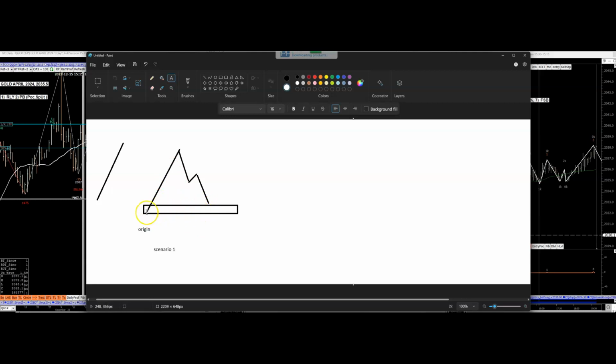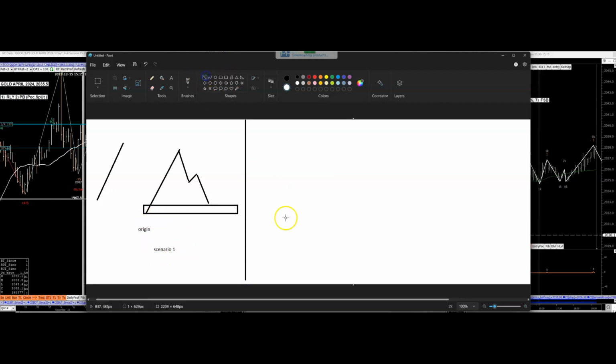Because not only did the buying emanate from there or the selling emanate from the top, but it's also the lowest risk and the most reward, because if it goes up, it's the lowest risk, most reward, etc. So you just think of this as scenario 1.